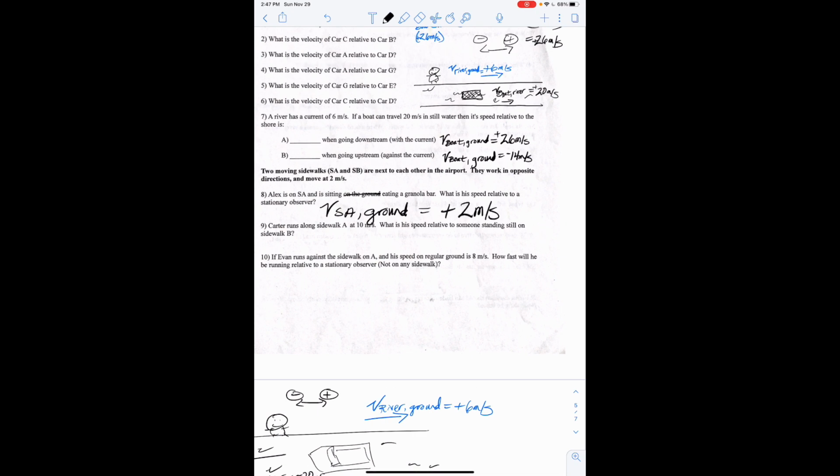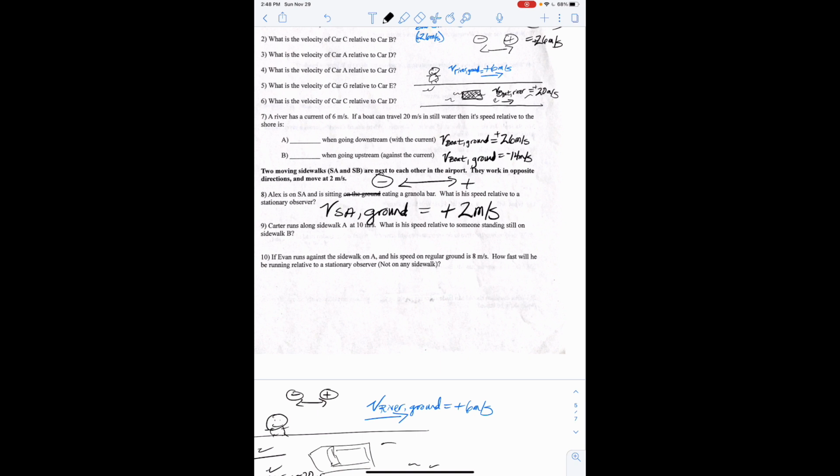We're calling to the right positive and we're calling left negative. That's all based off of how we drew these two sidewalks. They didn't tell us which direction. They just told us they were going opposite directions. So we're calling right positive, left negative, and we defined sidewalk A as moving to the right with our drawing. Carter runs along sidewalk A at 10 meters per second.